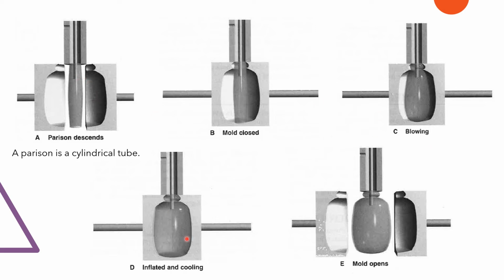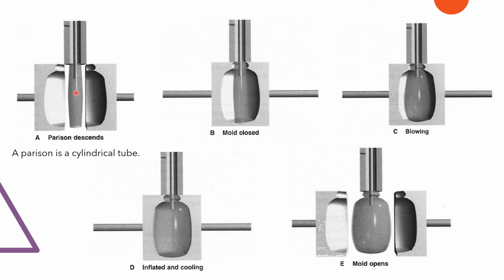Okay, now let's take a look at the die head right here. On this one you can see the mold cavity very clearly, and this is the first half and the second half. The parison is nothing but just a cylindrical tube.